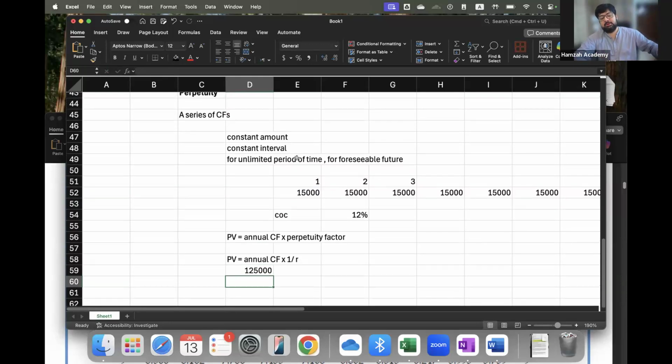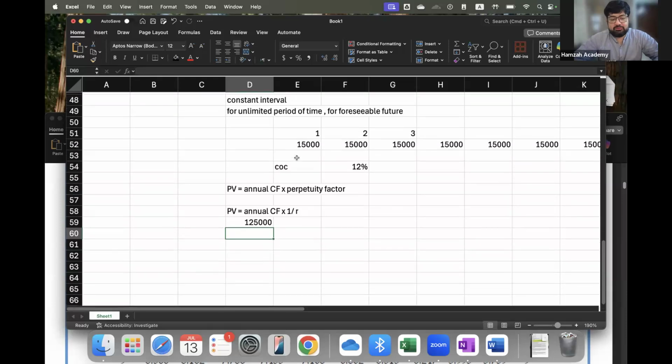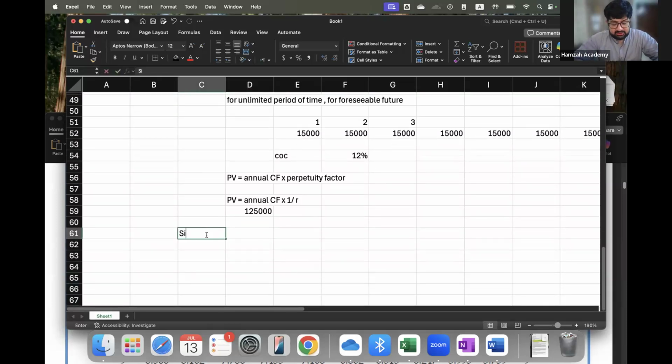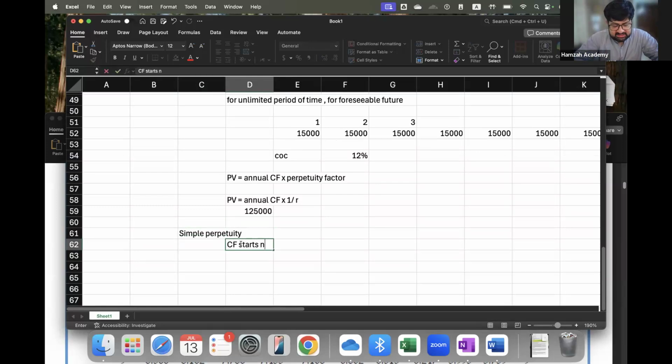Next point. So perpetuity is of, first of all, simple perpetuity, same, which we have discussed already, where cash flow starts next year, year one.